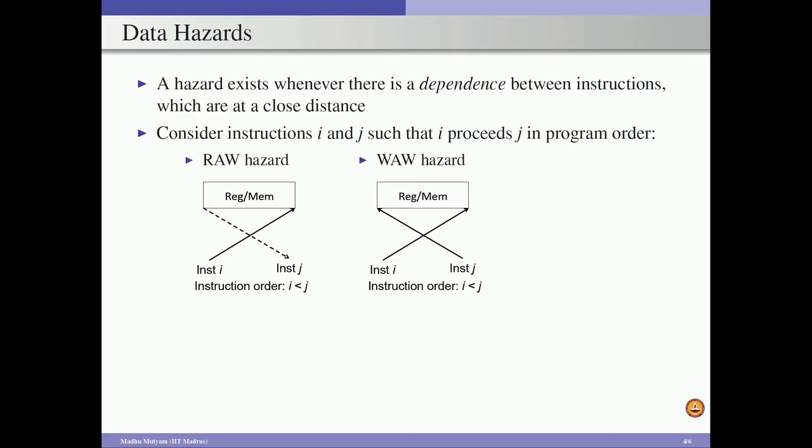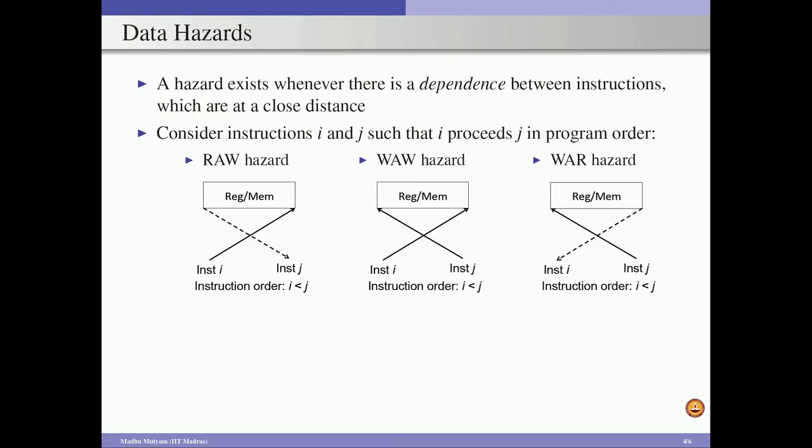And the third hazard is the write after read hazard. In this case, instruction j is writing to a register before instruction I is reading from the register, and instruction I is actually preceding instruction j in the program order.